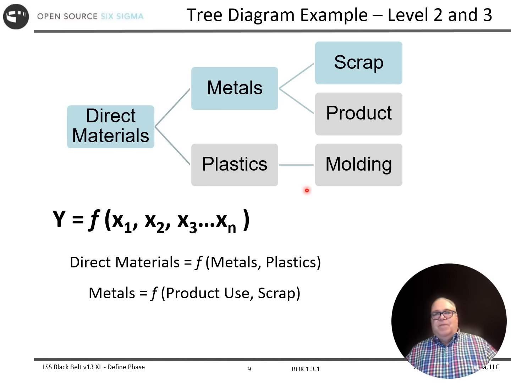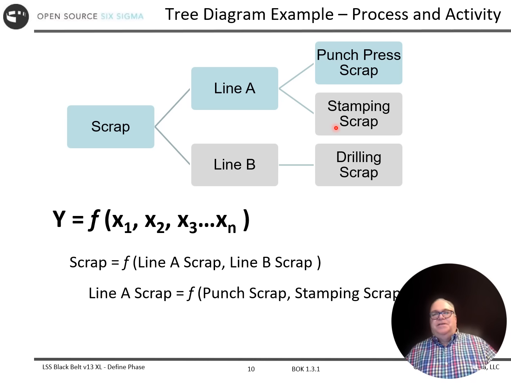So then finally, we're going to get down to a process level. So when we look at scrap, and it's metal scrap, I've got two production lines. One does drilling, the other one does stamping and punching. And looking at the data, we decide that we can get the most bang for our buck by going after the scrap from the punch press.